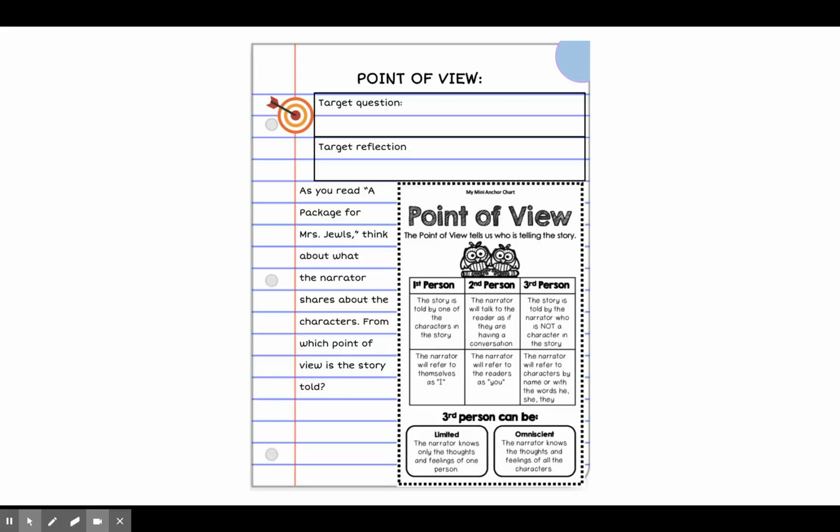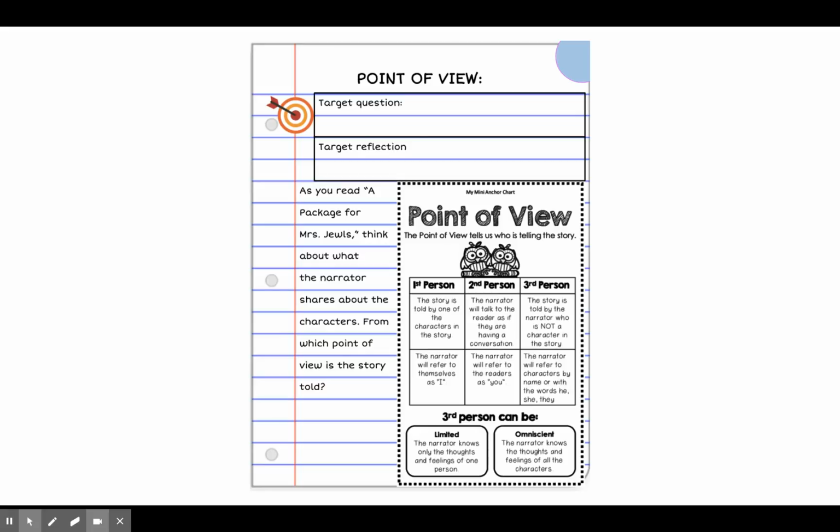So if it were Harry Potter, we would only know what Harry's thinking and feeling. But then there's third person omniscient, when we know the thoughts and feelings of multiple characters, even though the main character is still referred to by their name.